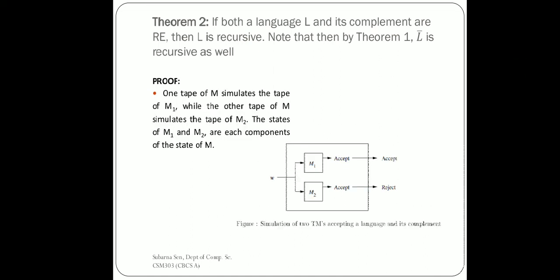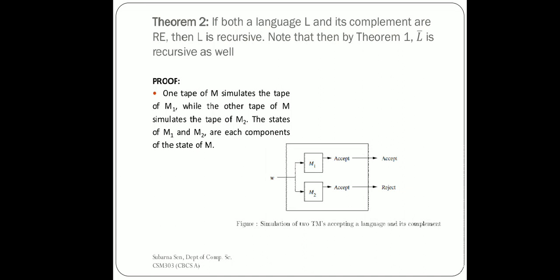One tape of M simulates the tape of M1, and the other tape of M simulates the tape of M2. How do we convert this multi-tape to a single one-tape Turing machine?